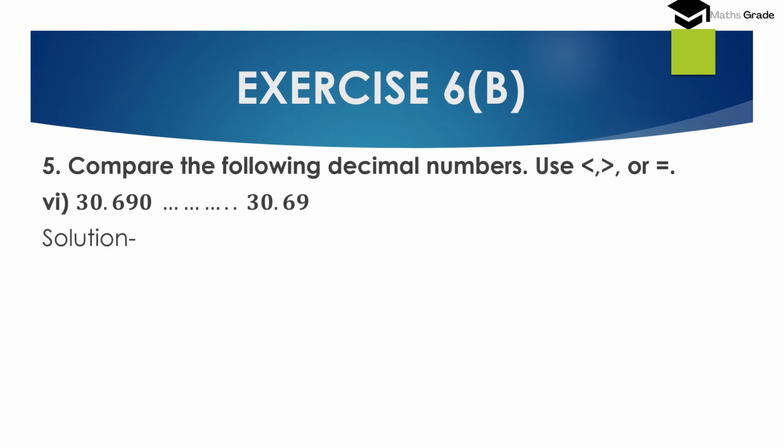Now the sixth part, 30.690 and 30.69. We have to compare these given decimal numbers. The whole part is 30, and here also 30. After the decimal point it is 6, here also 6. In the hundredths place it is 9, here also 9.